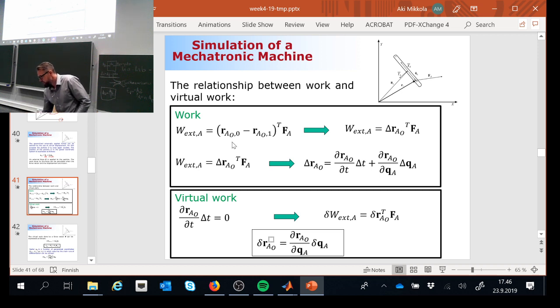Well, displacement in the direction of the force can be expressed such that you have the original point where the force is applied and the point where it moves because of the force acting on it. That difference is called delta R. You can compute this delta R by simply taking two vectors R and taking their difference.